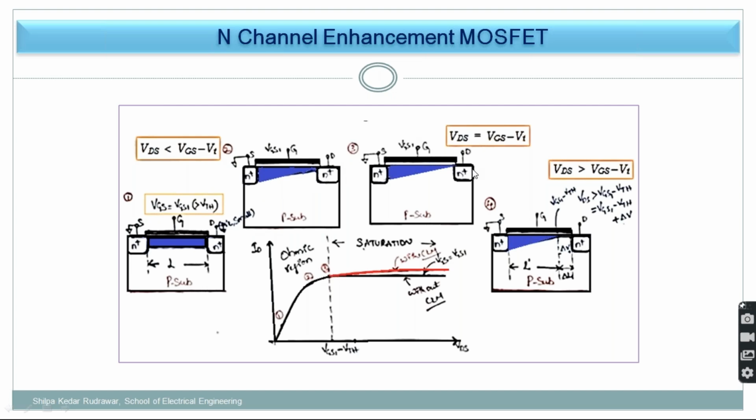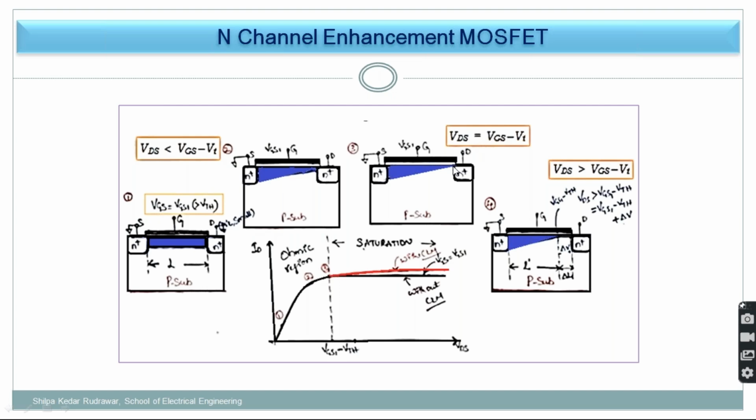When VDS is small, it is less than VGS minus VT, and the distinction between less than, equal to and greater than is very important. Pinch off occurs when VDS is equal to VGS minus VT. Just remember, equal to.